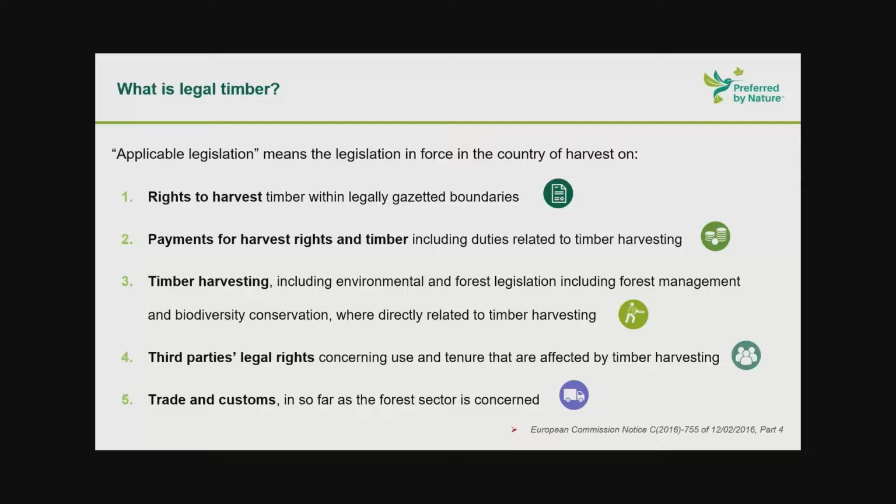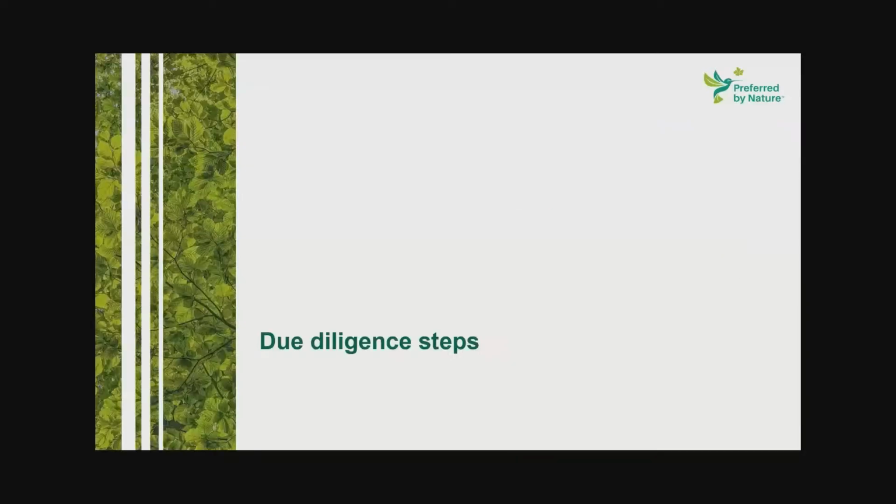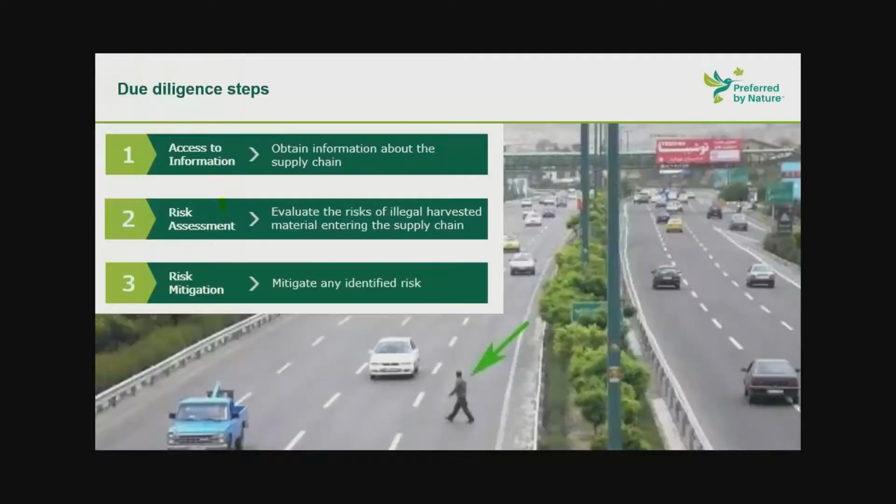And that's why you have to implement due diligence. The steps of due diligence are also described in the EUTR. Three main steps: access to information, risk assessment, and risk mitigation. That's basically the core of due diligence.